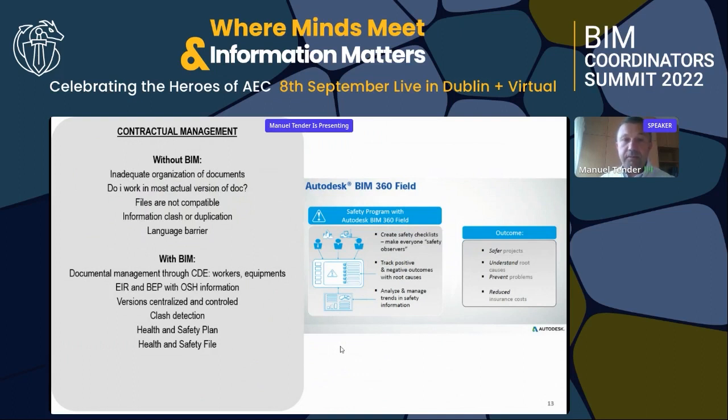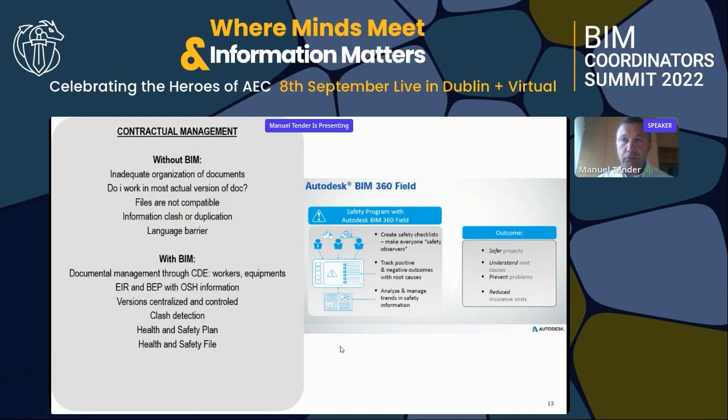And why is this important? Because when I have a common data environment, I can put all the information about health and safety, about workers, method statements, and equipment in this environment. So it becomes accessible to every actor. And in the ER and BEP, I can also, and I should, include the OSH information.